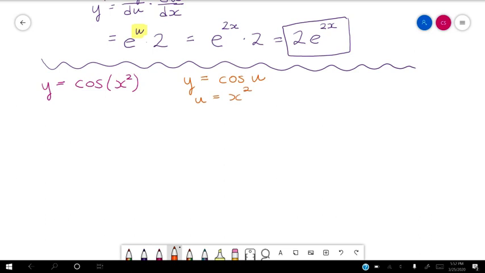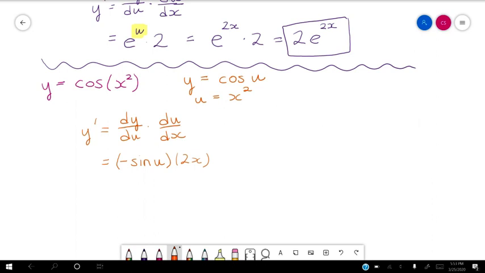Okay, so if we wanted to find the derivative then, if we wanted to differentiate, we know it's dy du times du dx. Okay, so let's use our functions up here. So what's the derivative of cosine of u? Good, it's negative sine u. That's one of our derivatives we're supposed to memorize. And what's the derivative of u with respect to x? 2x. Okay? And let's see where we started from.